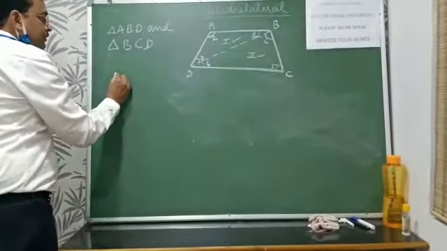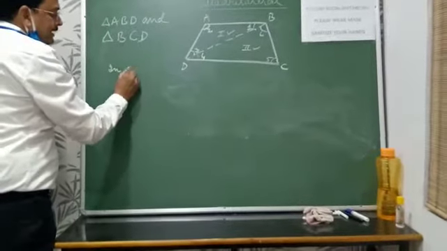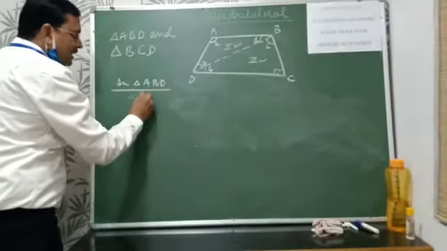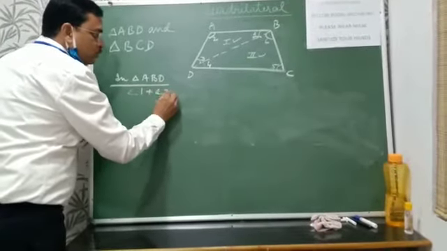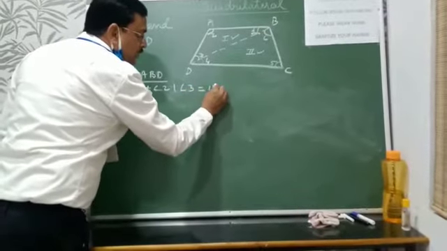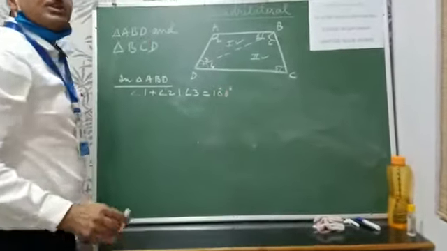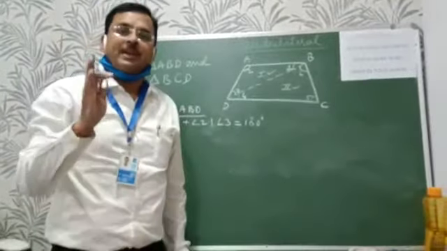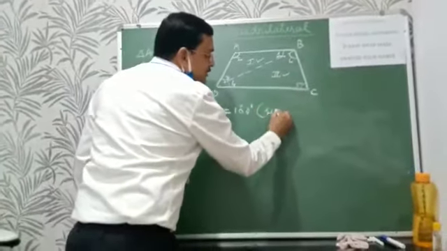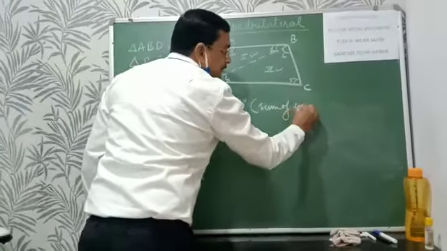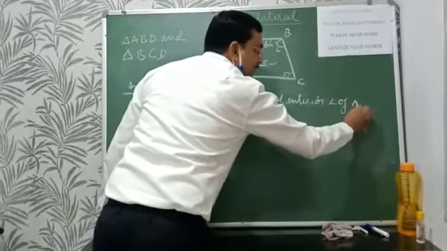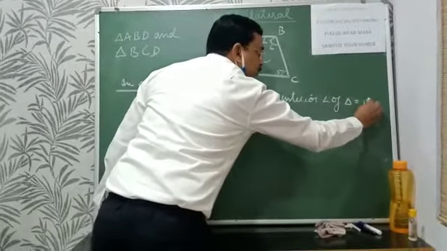Now in the first triangle, triangle ABD, angle 1 plus angle 2 plus angle 3 is equal to 180 degrees, because the sum of the interior angles of a triangle is equal to 180 degrees. So we can write the reason also here: sum of interior angles of a triangle is equal to 180 degrees.